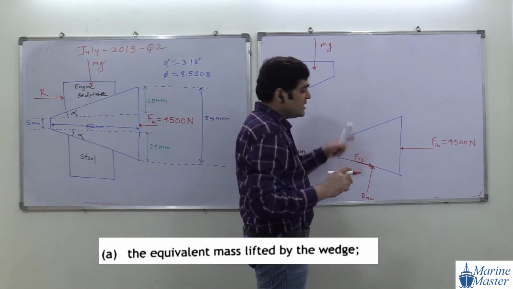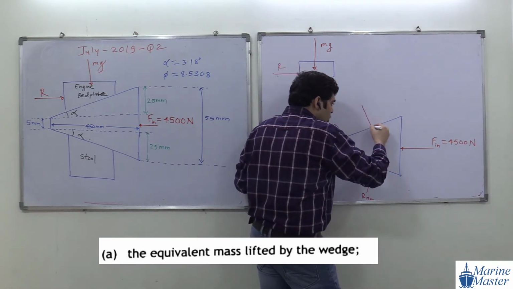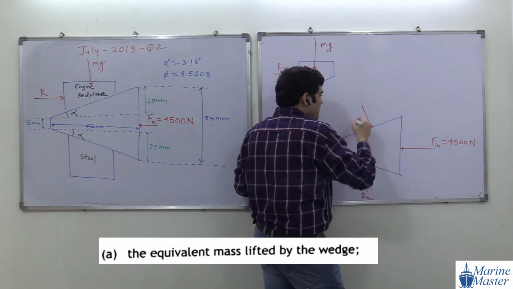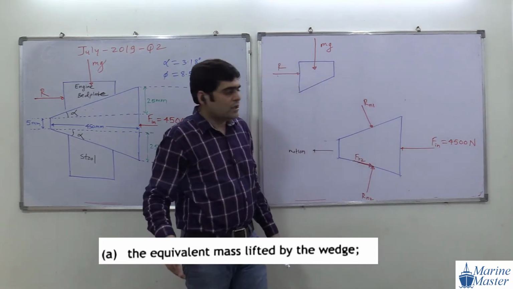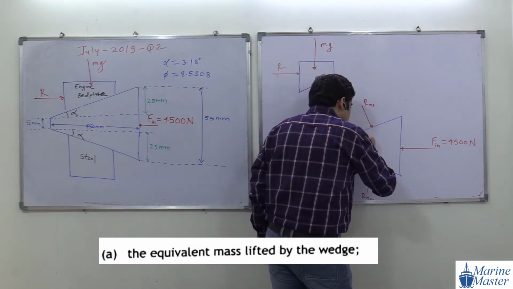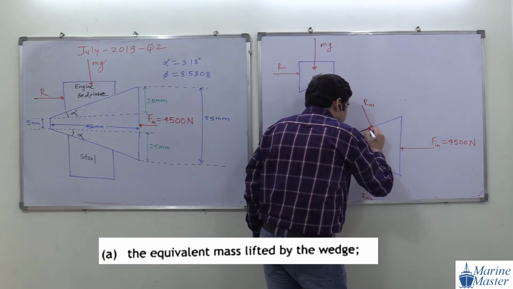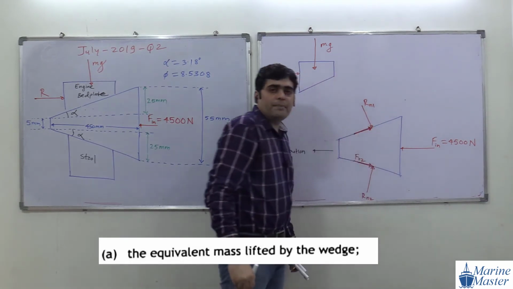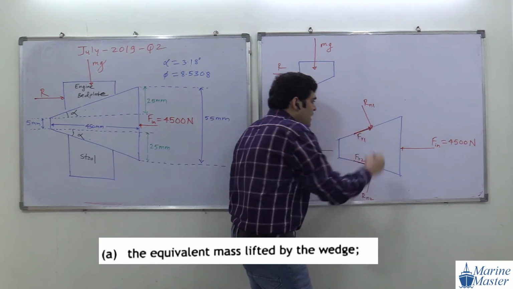Then here we will have again a normal force, normal to the plane, and we will call it Rn1. Try to see the scenario here. Rn1. Then this will be friction force, which we will call Fr1.